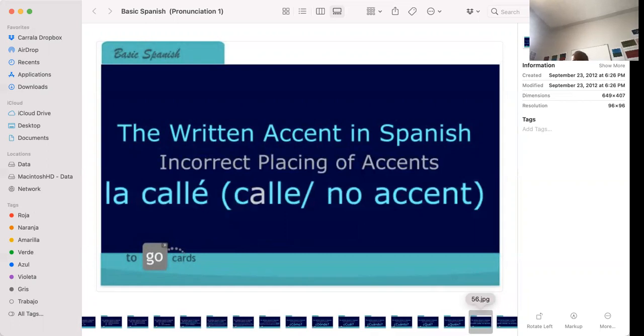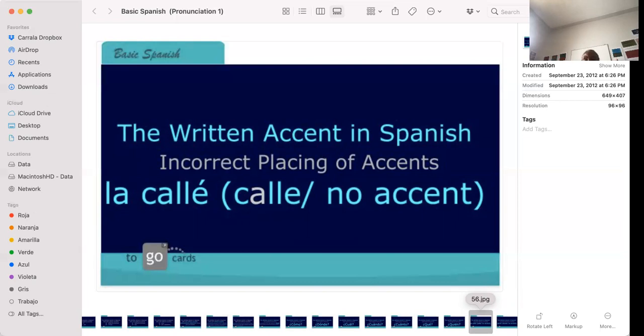Now, to end this basic Spanish pronunciation, I incorrectly placed the accent to show you how different it would sound.